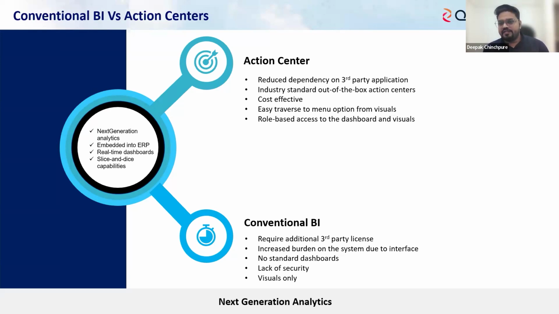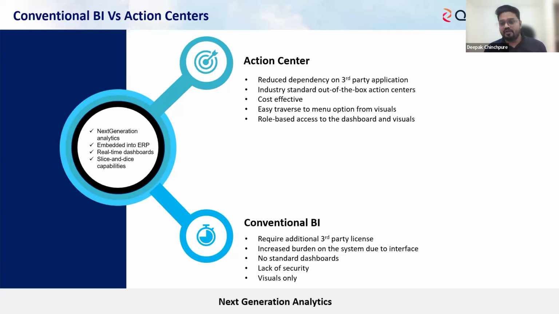We talked about cost effectiveness. Action Center is pre-built and comes with the ERP, so we don't have to spend extra money on it, and there is no additional licensing as well. Then security: in the other tools, the conventional BI analytical tools, you will have to implement security or give access based on the user or department.